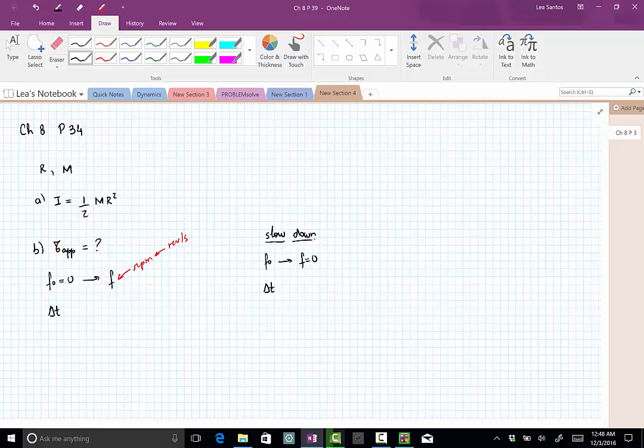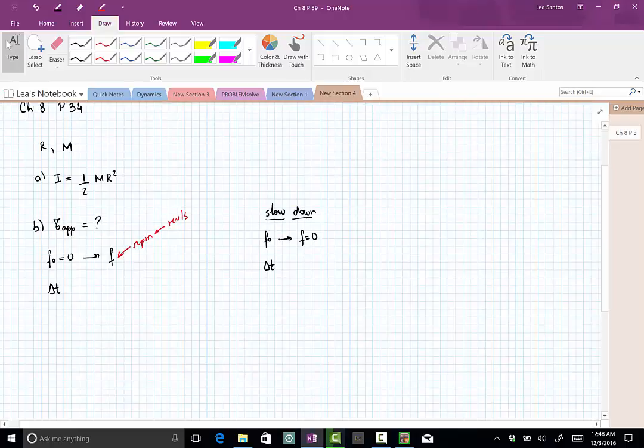Okay, so the torque that causes the acceleration is the net torque, not the applied torque. So repeating, the torque that will take us from 0 to that final frequency is not the applied torque, but is the net torque.